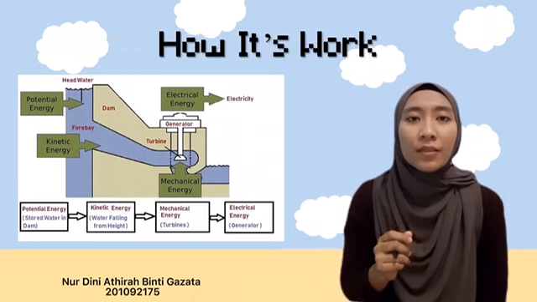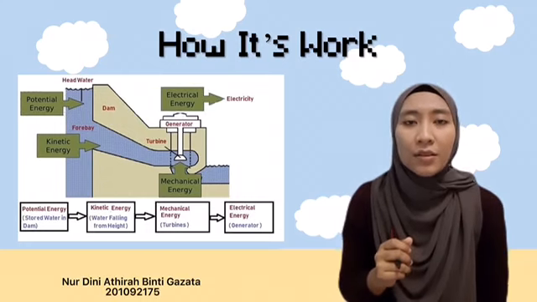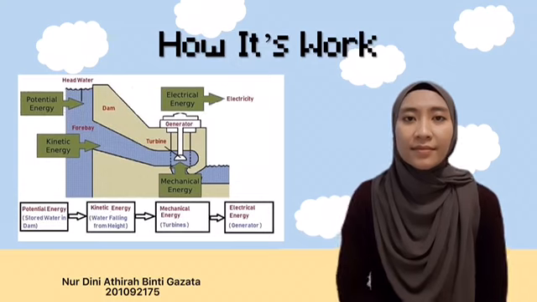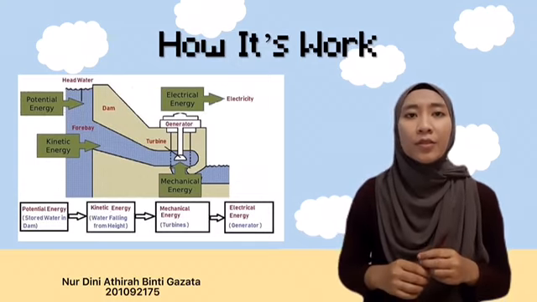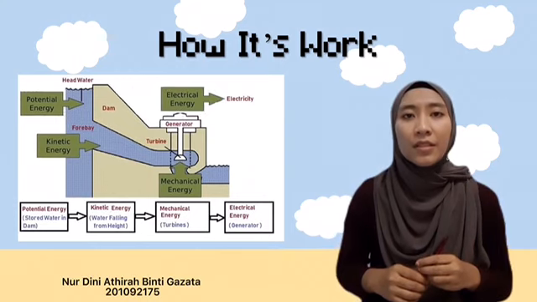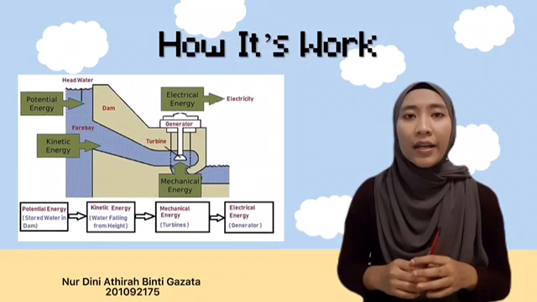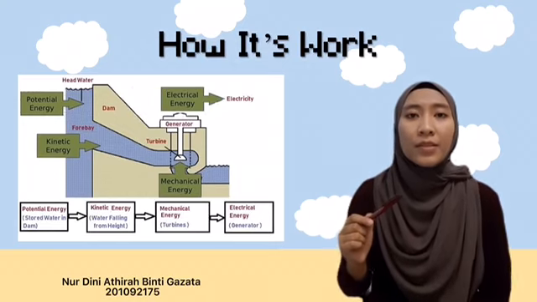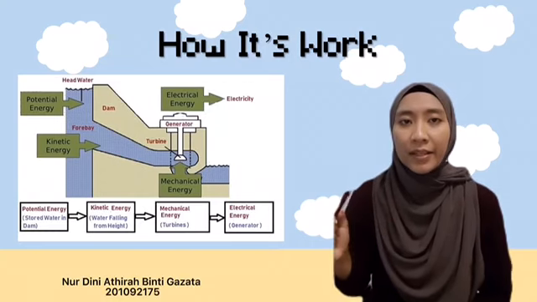Dams store water for later release for such purposes as irrigation, domestic and industrial use, and power generation. The reservoir acts much like a battery, storing water to be released as needed to generate power. The dam creates a head, or height, from which water flows. A pipe, which is the penstock, carries the water from the reservoir to the turbine.